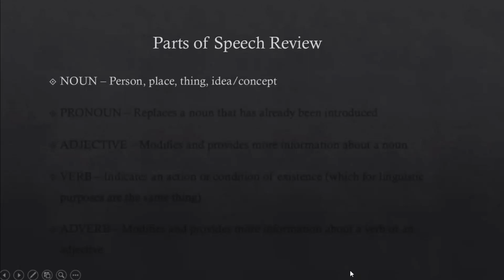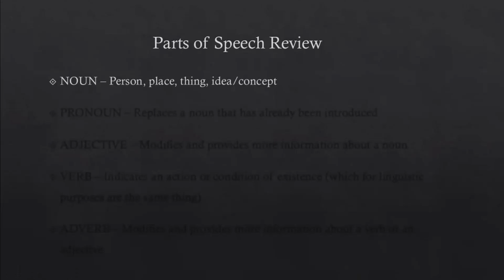A noun should be probably the first thing that you think of when you think about the parts of speech. Person, place, thing, or idea. Obviously, one of the most common parts of speech that we have. And in order to have a sentence, you have to have at least one. Realistically, you're going to have more than that, but you've got to have at least one.